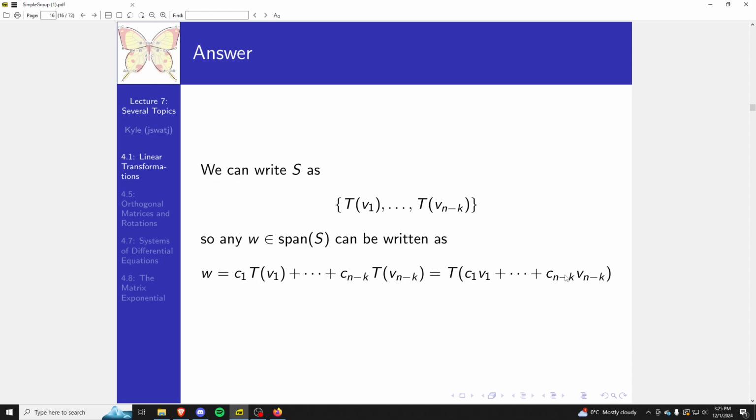Yeah, we can write S as literally those image vectors. And so any vector in that span can be rewritten in terms of some linear combination. That's exactly what you said.